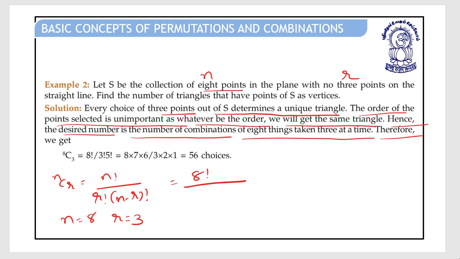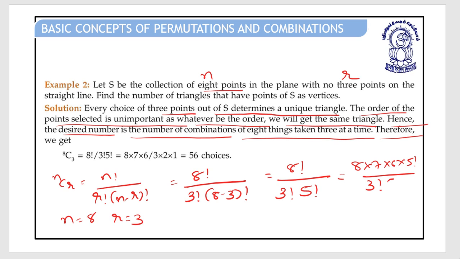So 8 factorial, 3 factorial, 5 factorial. 8 into 7 into 6 into 5 factorial over 3 factorial into 5 factorial. 5 factorial cancels. 8 into 7 into 6 over 3 into 2 into 1. 3 2s are 6, 6 and 6 cancel. 8 7s are 56. So there are 56 choices.